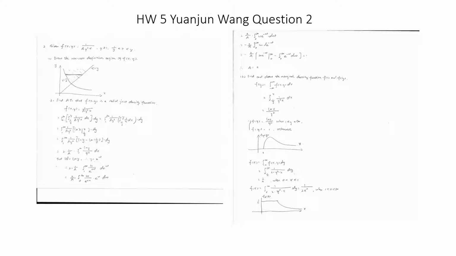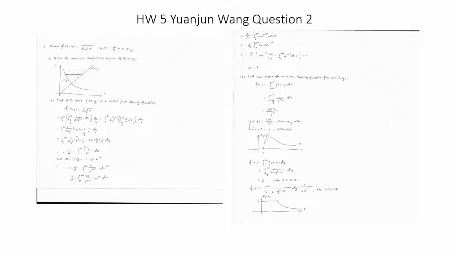For f_X, it's equal to the integral from negative infinity to infinity of f(x,y) dy, which is the integral from 1 over x to infinity of 1 over 2 times y squared times x dy.